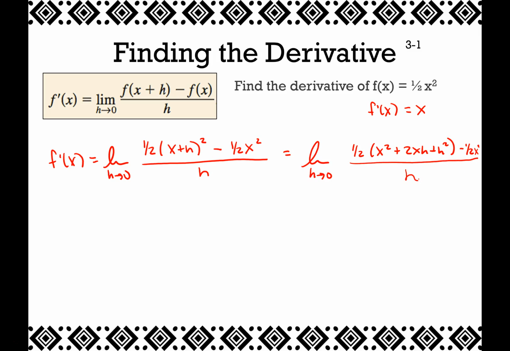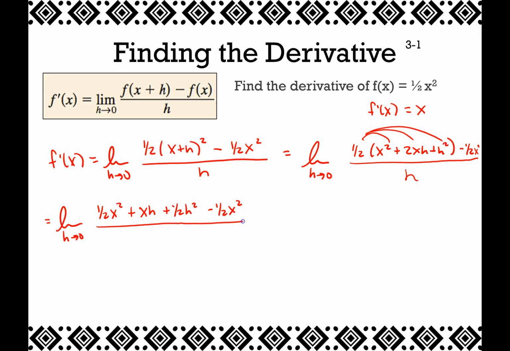All right, I'm going to multiply that 1/2 through each of those terms, and that's going to give me the limit as h approaches 0 of 1/2 x squared. Well, 2 times a half is just 1, so that's just going to be xh plus 1/2 h squared minus 1/2 x squared all over h. Well, what happens to a 1/2 x squared and a minus 1/2 x squared? They disappear. And now I'm going to pull out an h.